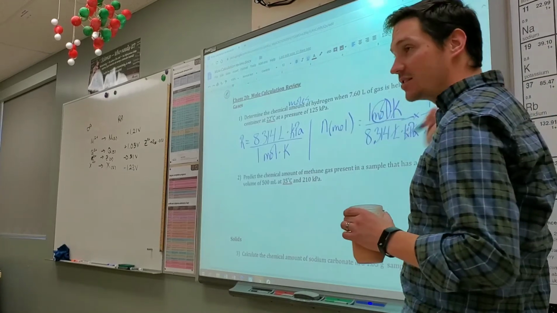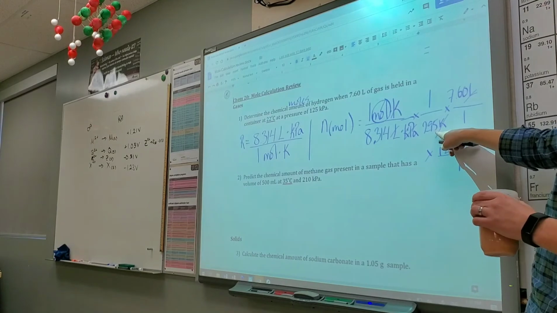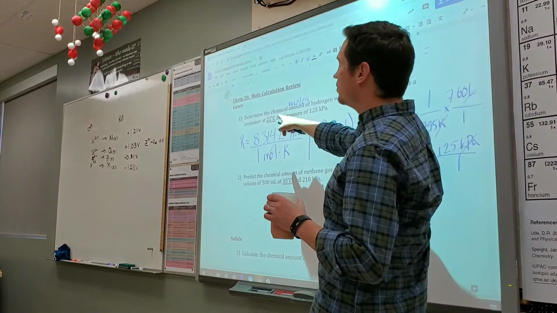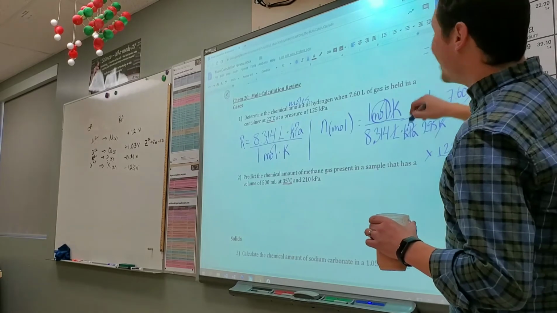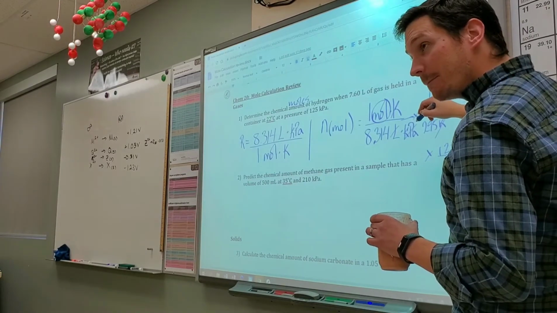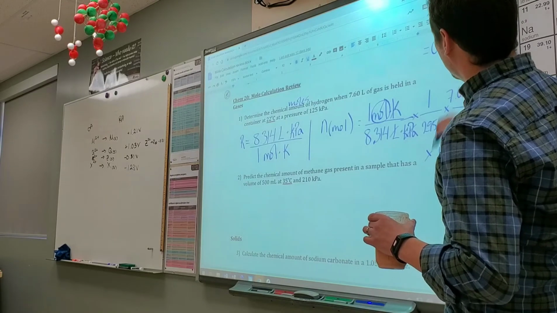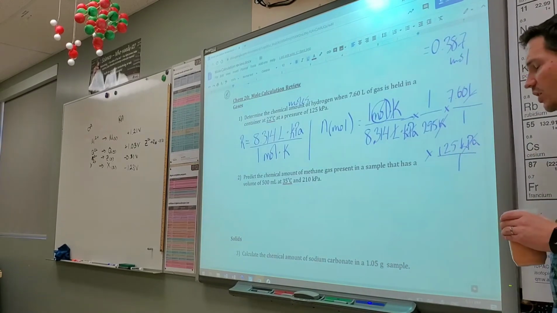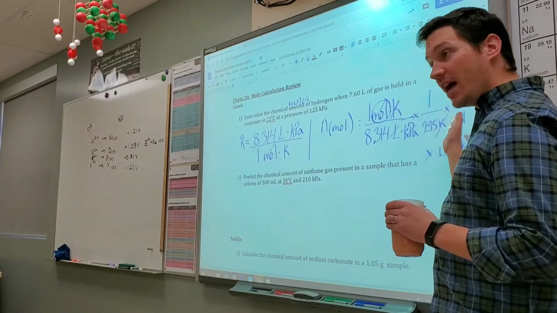Because Celsius sucks and we always use Kelvin. So we're actually measuring 3 digits here. When we measure 22 degrees Celsius, we're actually measuring 3 digits. So it's 0.387 moles of hydrogen. Good, no problem. Are we okay with that?